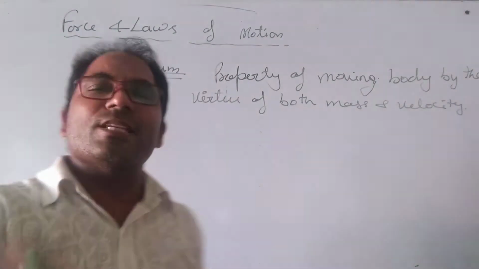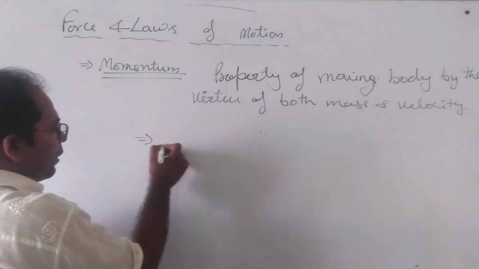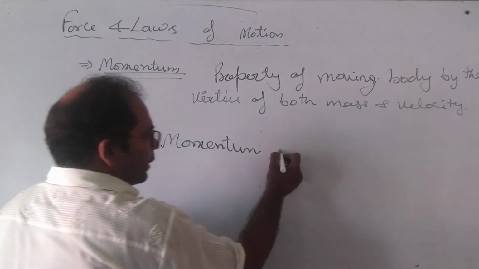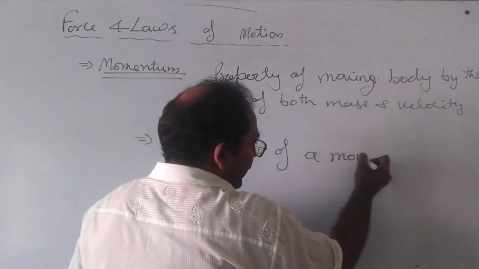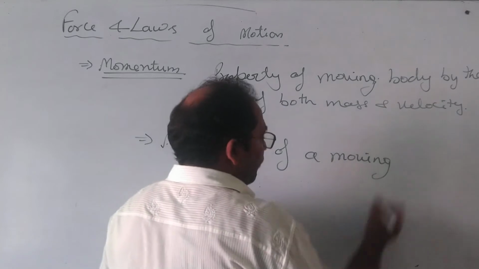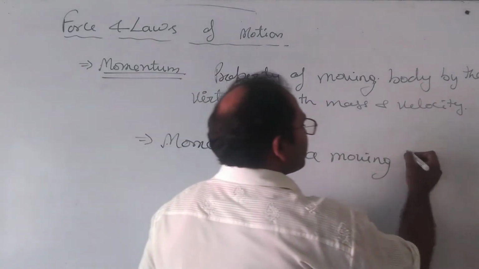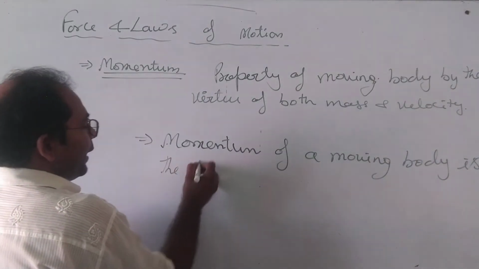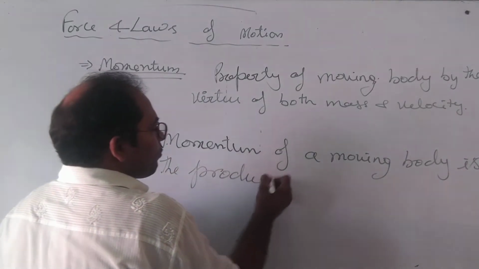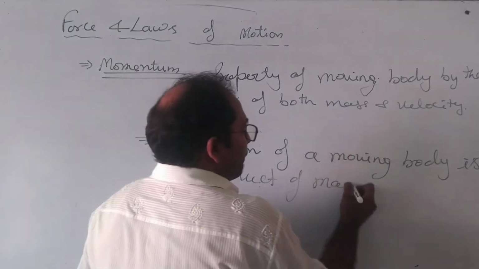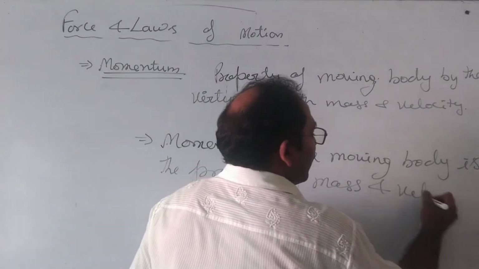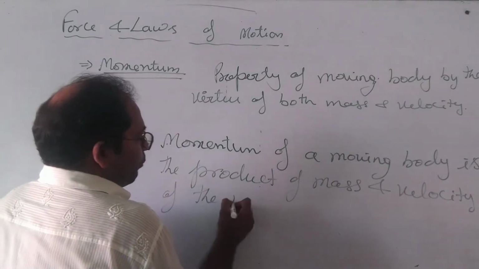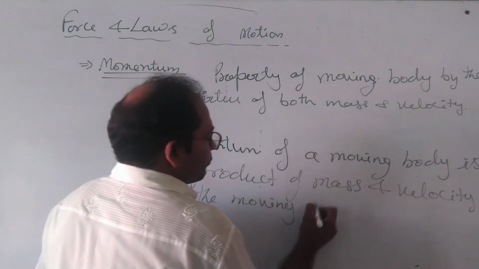The definition can be: momentum of a moving body. It is a must that the object should be moving. Momentum of a moving body is the product of mass and velocity of the moving body.